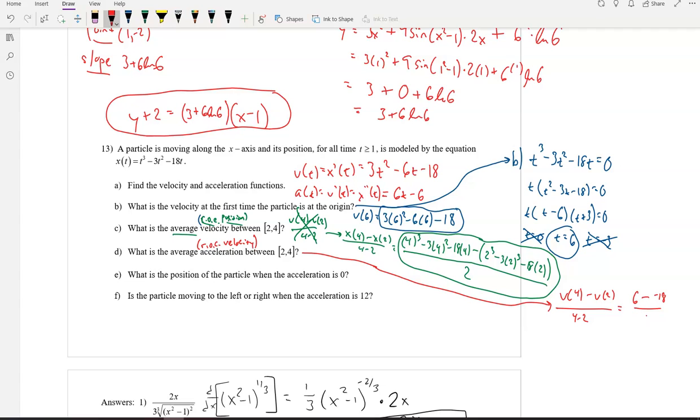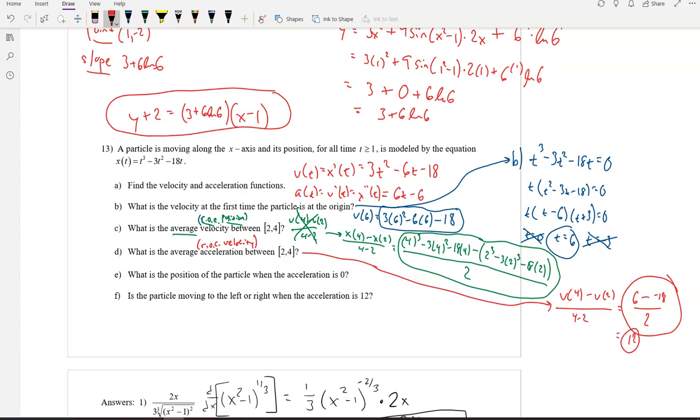I hope I did that math right. 4 squared, 16 times 3, 48. 4 times 6 is 24. 48 minus 24 is 24. Minus 18 is 6. Yeah, okay, that should be right. And so we end up with 24 over 2 or 12. But again, you don't need to simplify all this stuff. You could just leave it unsimplified. Your choice.